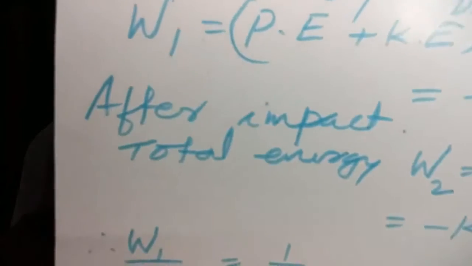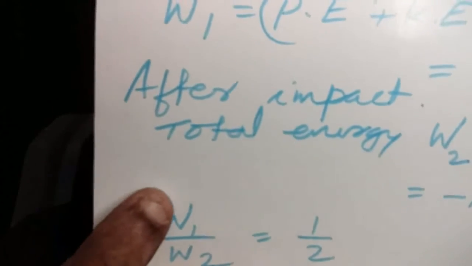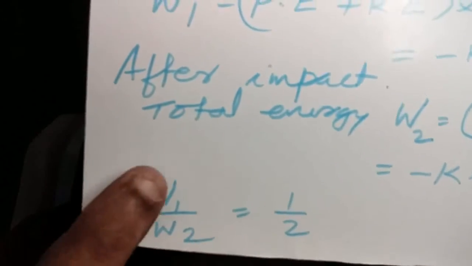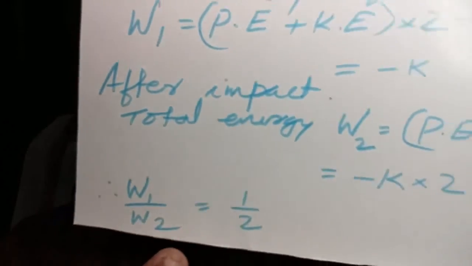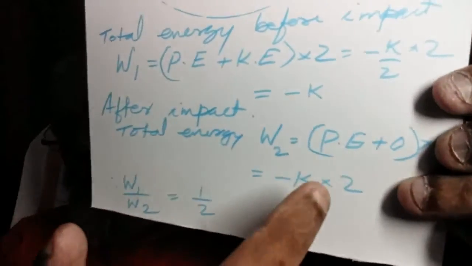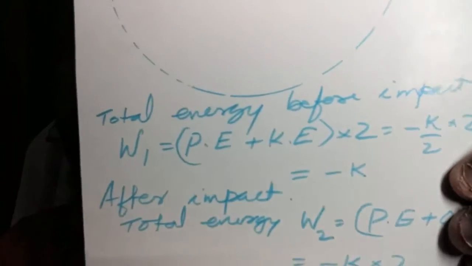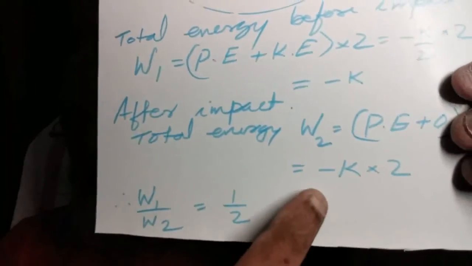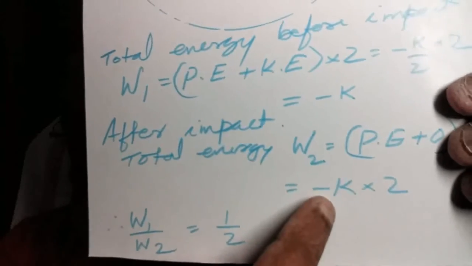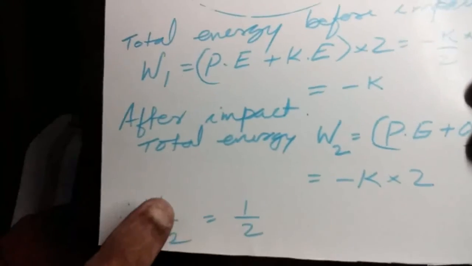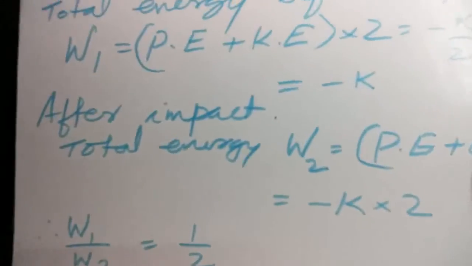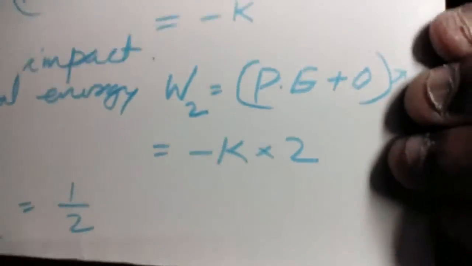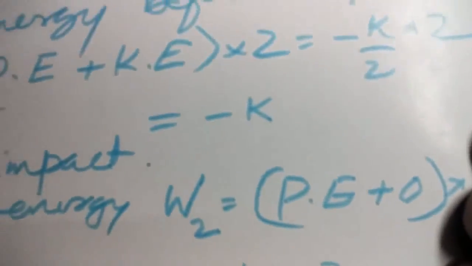So the ratio of the initial energy to final energy, W1 by W2, where W1 is minus k and W2 is minus 2k. So W1 by W2 is 1 by 2. That is the answer. Thank you.